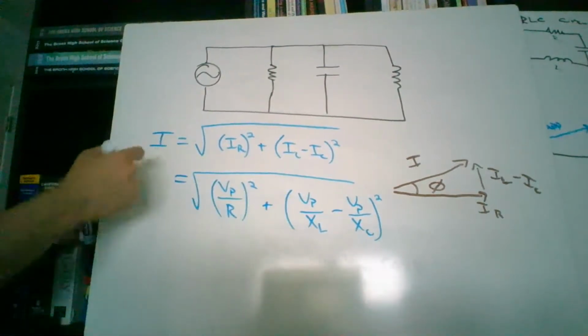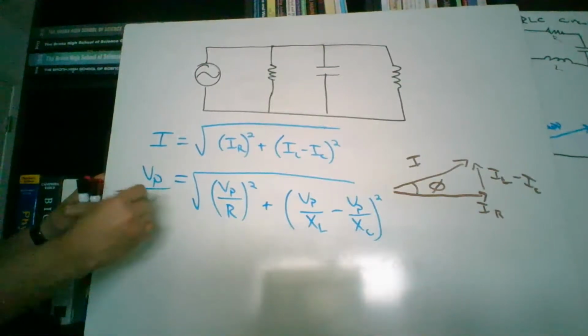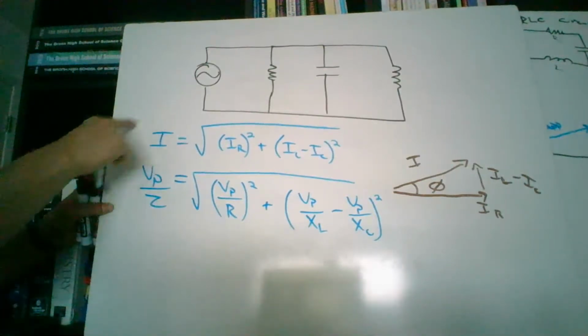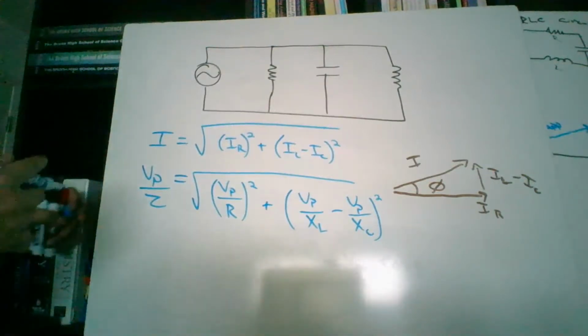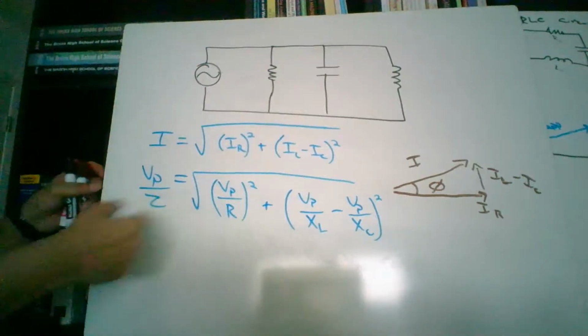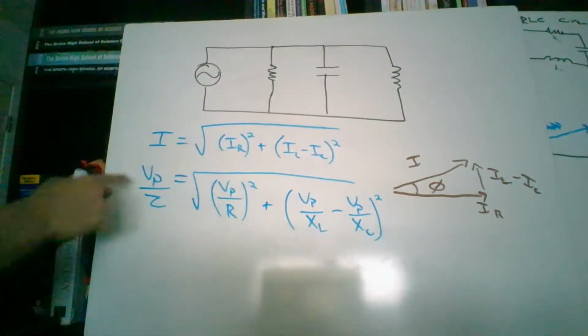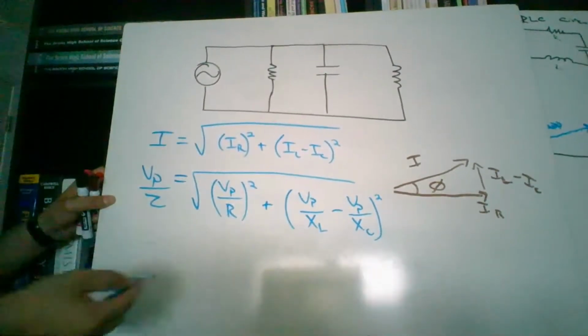Over here, the total current is equal to the peak voltage divided by Z. So the total current is the peak voltage divided by the, what is this called? Impedance. So from here, you can factor out the peak voltage and cross it out. And what we'll get is an equation for the impedance.